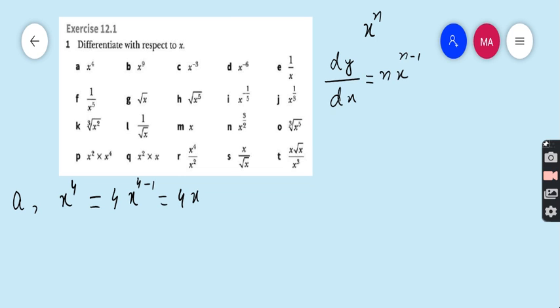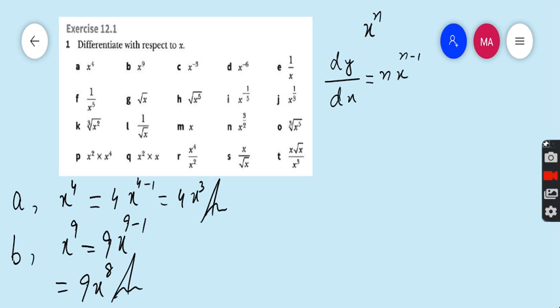So 4x cubed is the answer. Very easy, isn't it? Part B, x to the power 9. Write the power first, subtract 1 from the power. 9x, 9 minus 1 is 8. So 9x to the power 8 is the final answer.